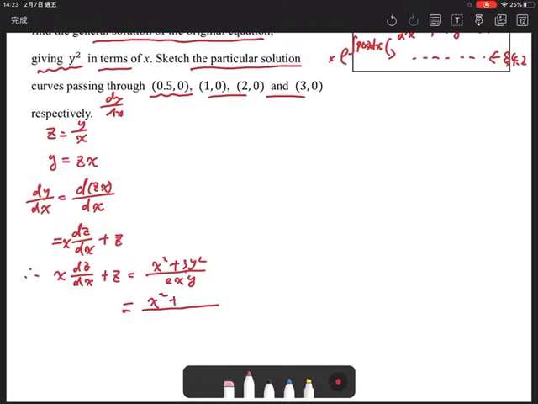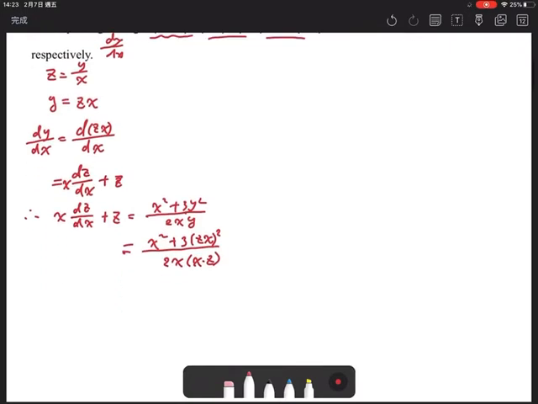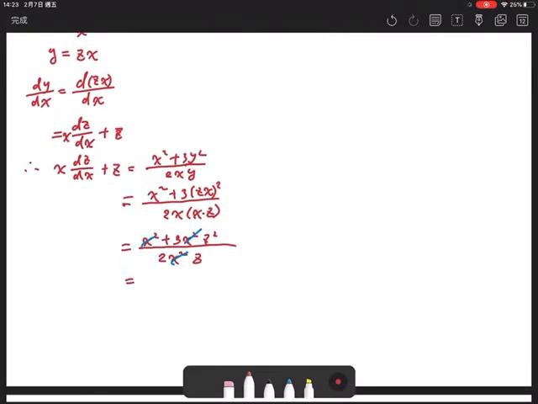So here is x squared plus 3, and y is z times x, squared, and 2x times x times z. Continue to simplify it: x squared plus 3x squared z squared over 2x squared z. We can cancel the common factor x squared. So finally, it is 1 plus 3z squared over 2z.